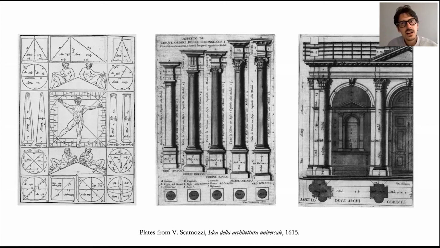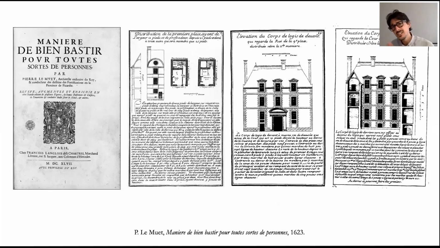Unfortunately, these orders were mostly related to buildings like churches or very representative public buildings. Starting from the 17th century, we see that the norm starts to colonize also the domestic domain, therefore the domain of housing.